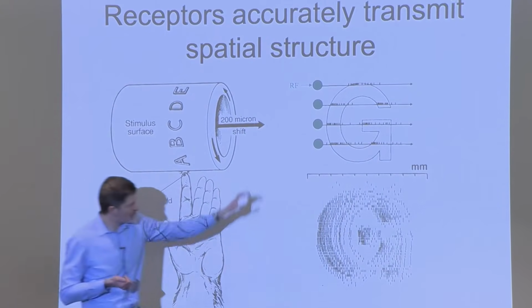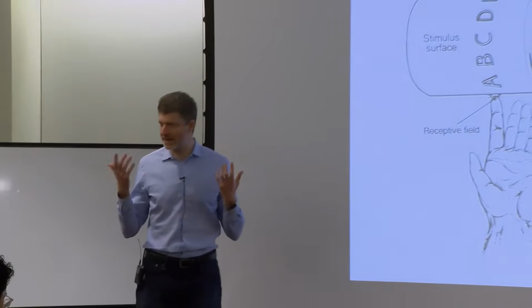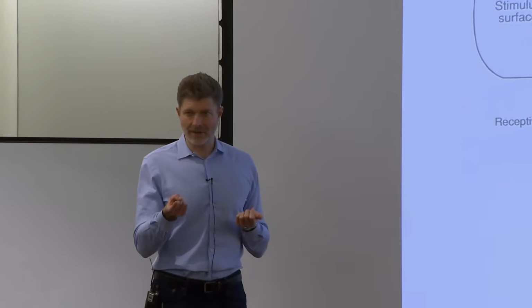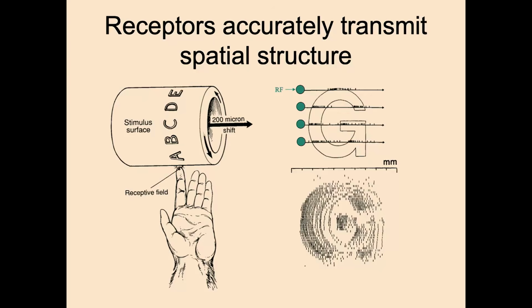And so you can display those responses spatially, to get a visual sense of the extent to which the action potentials from the receptor are accurately capturing the spatial structure of the tactile stimulus. In this case, the point is that this looks like a letter G.